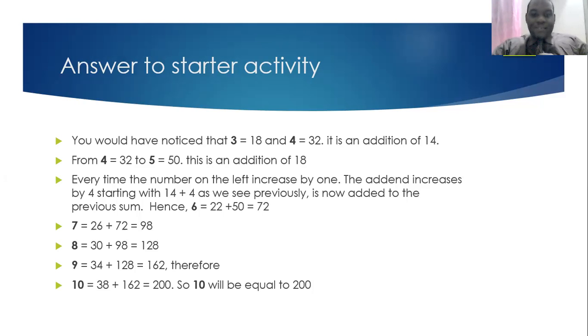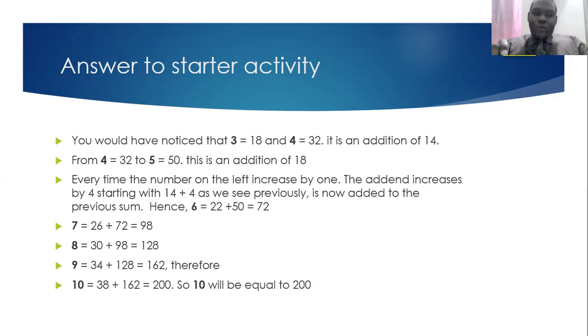We can see here 6 equals 22 plus 50 equals 72. So at number 7, we are going to be adding 26 to 72, and that's how we end up with 98, and that is where the question stops.